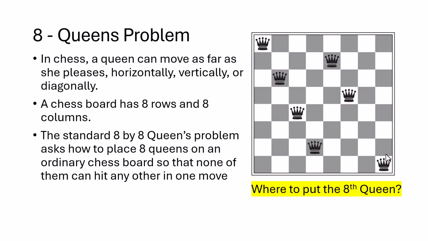I would think about the 7th queen to put in a place where it will not be attacked by others. Let's say, what if we put it here? One queen goes here. So that might be a place where it might not be attacked. But this queen is on the diagonal path with this queen. Okay? So this is not a correct solution when putting 7 queens. So you need to think about this problem.